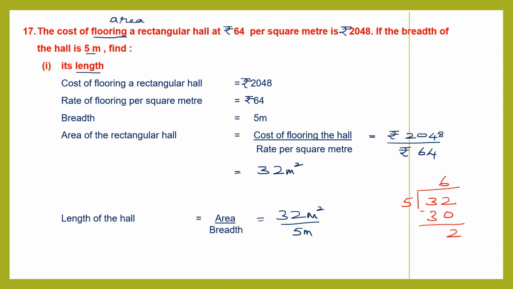Now I can continue my division by putting a point here and carrying that point up. Now after the point I can put zeros. I bring that 0 down, it's 20. 5 fours are 20. So minus, I've got 0. So here I've got my answer as 6.4. That means the length of the hall is 6.4 meters. So we've got our answer. Length of the hall is 6.4 meters.